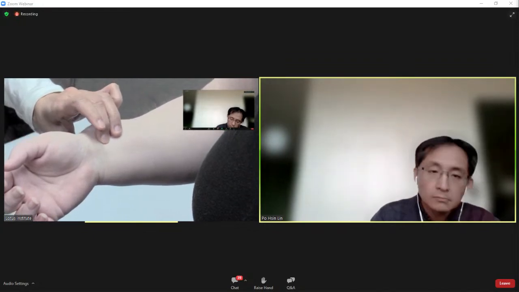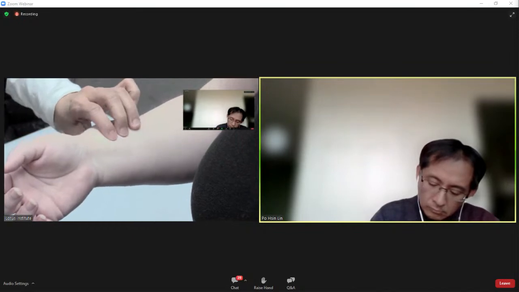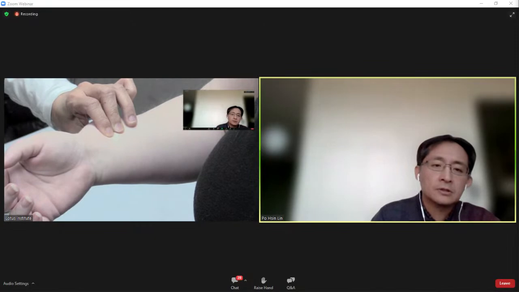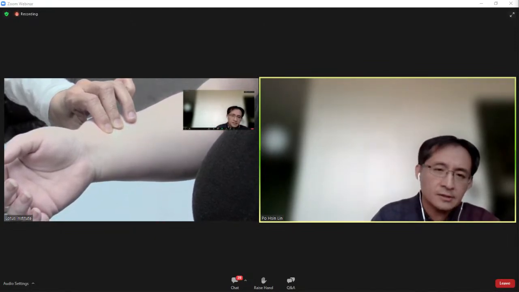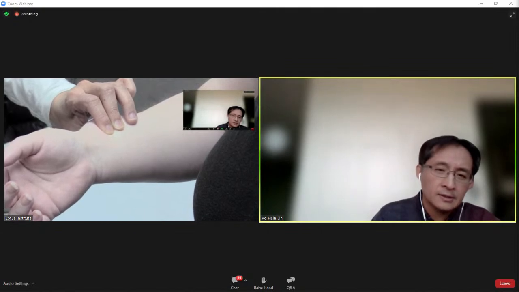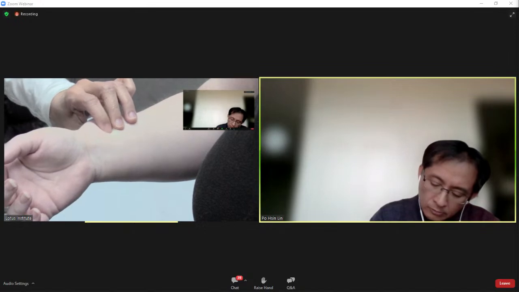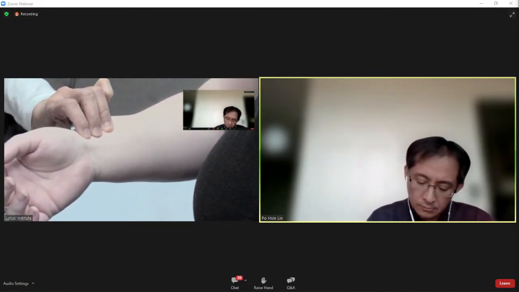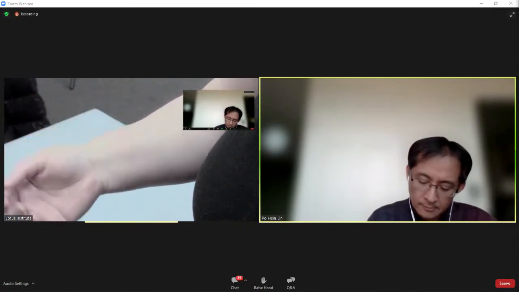The guan is deep and forceful. The chun is also deep and forceful, not as forceful as guan. And chi, there's not much pulse, pretty much nothing. It's very deep and tight overall.